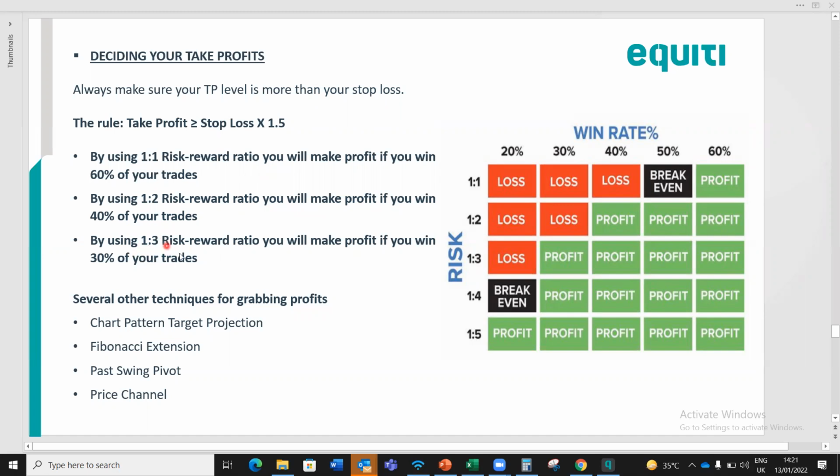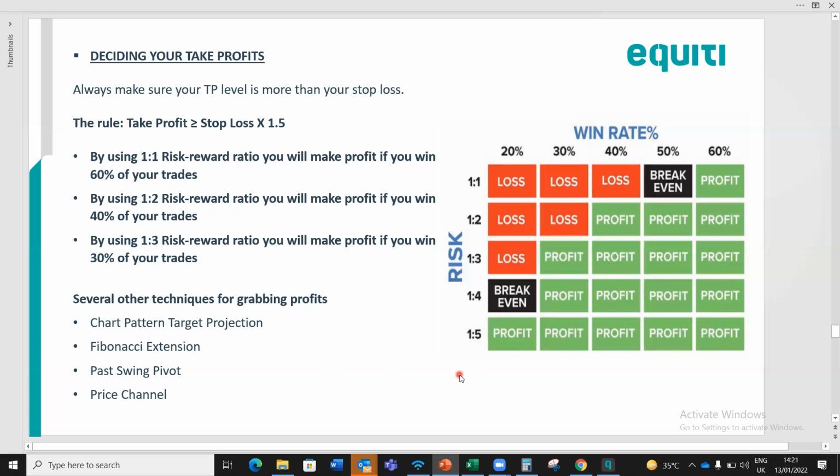If you're using a 1:3 risk reward ratio, you're risking 10 pips, but you want to get 30 pips in your trade. Now, you will make profit if you win 30% of your trades. So it all depends and boils down to your technical strategy, all right, and how well you understand the market.